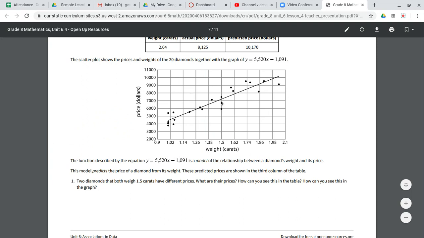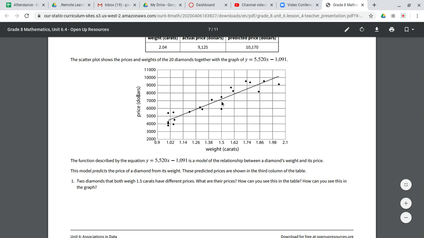Here is our equation, so the line of fit. So this line of fit is your keyword. This line of fit shows the predicted value, so everywhere along this line is the predicted value for what our price should be for our diamond.